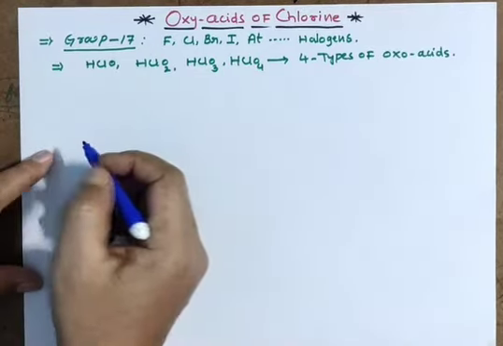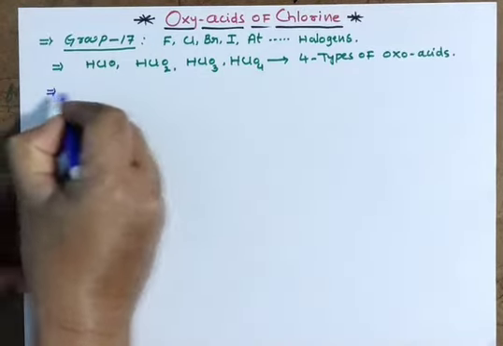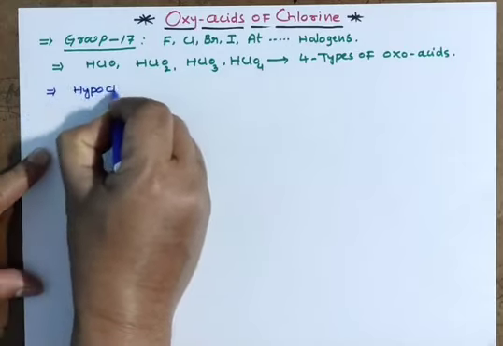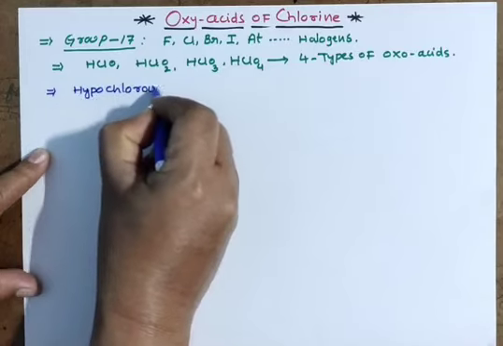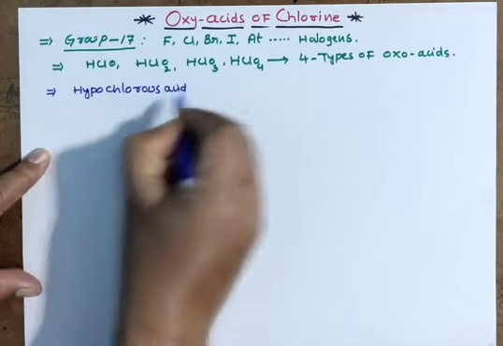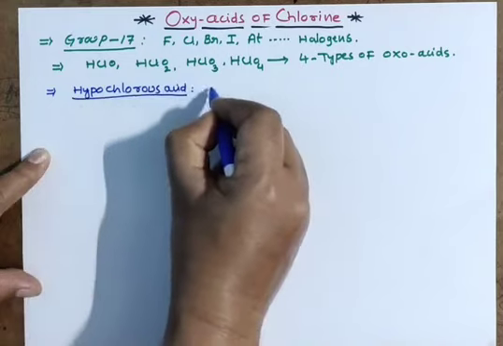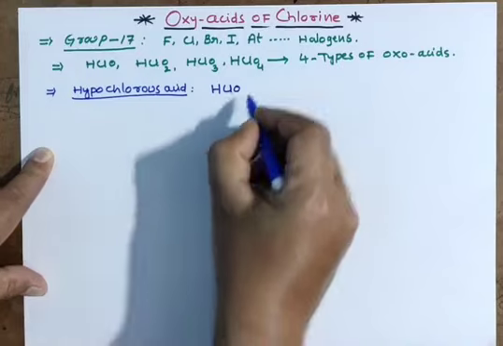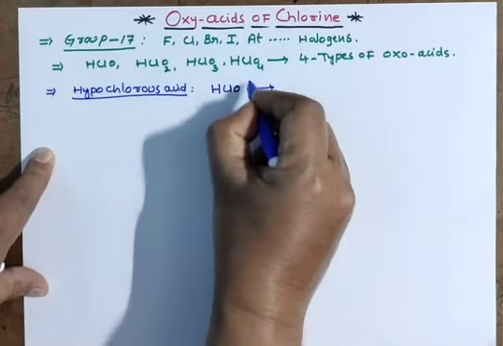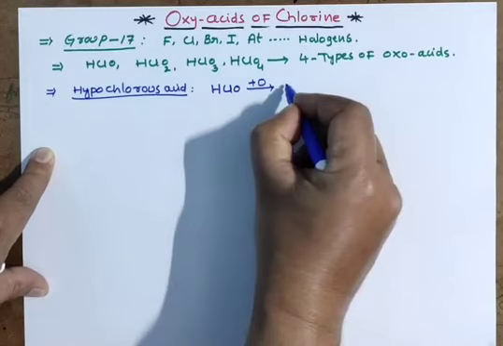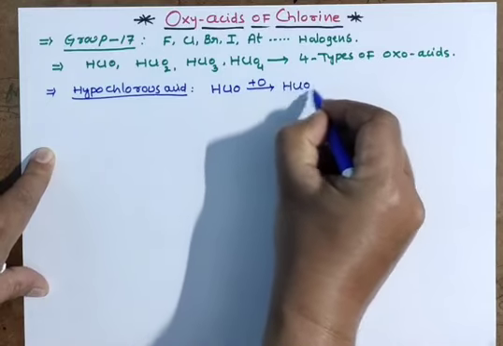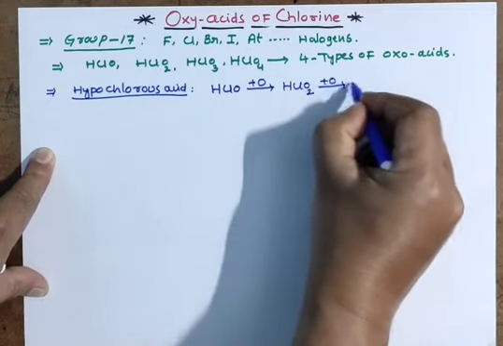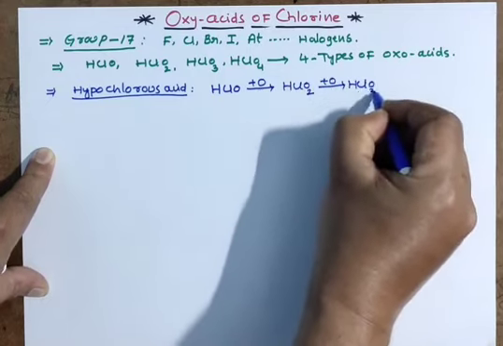First one we are calling HClO, hypochlorous acid. One formula you remember, remaining easy. Add one oxygen, you are getting HClO2, add one more oxygen, you are getting HClO3.